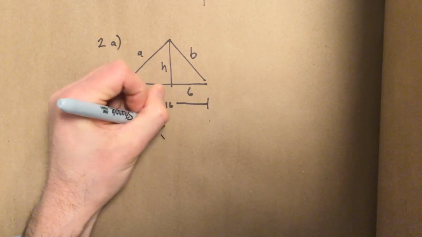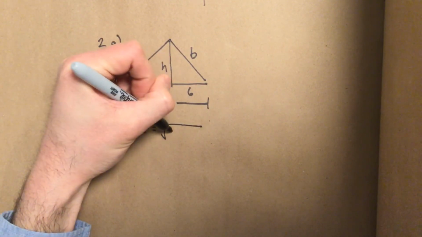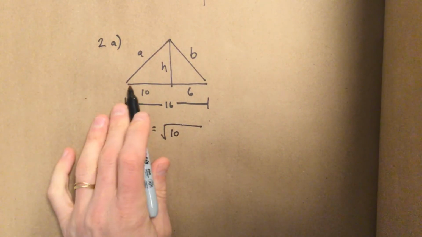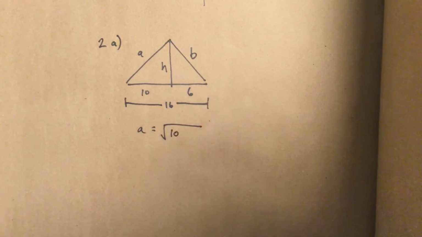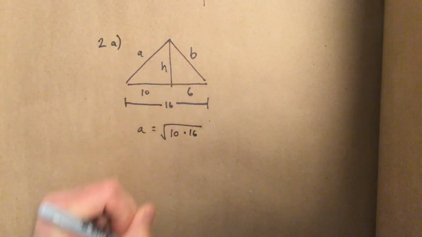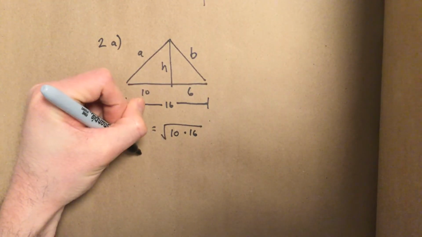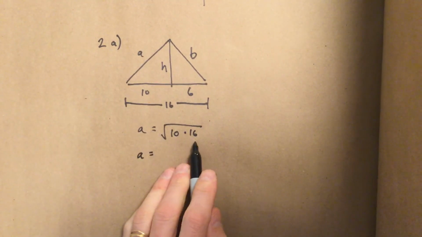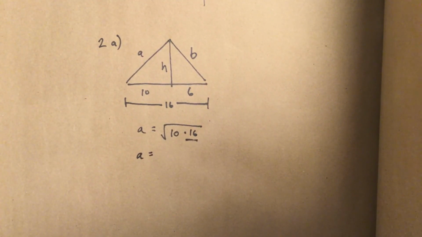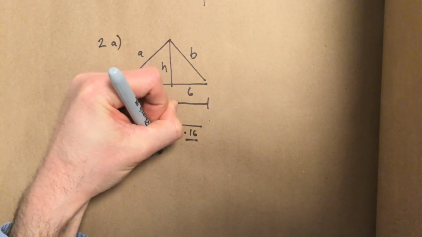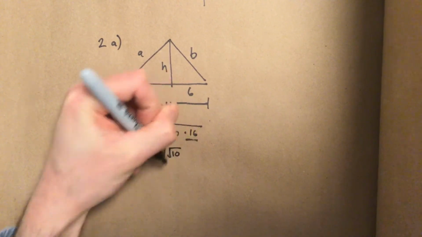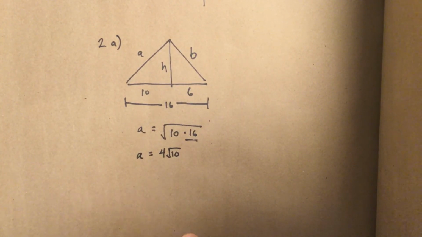So A is equal to the square root of 10 times 10 plus 6, or 16. I see a perfect square here. 16. Root 16 is 4. So now I know that A is equal to 4 root 10. That's it. It's that simple. A nice little shortcut to work through these altitude on hypotenuse problems.